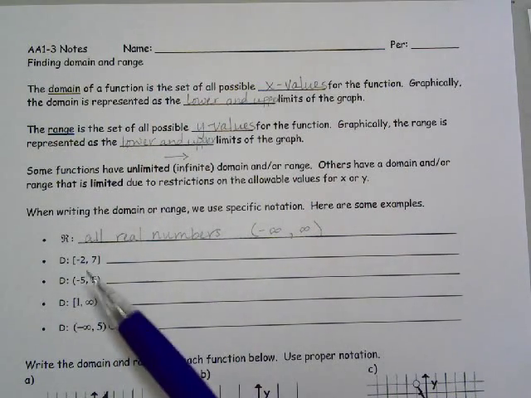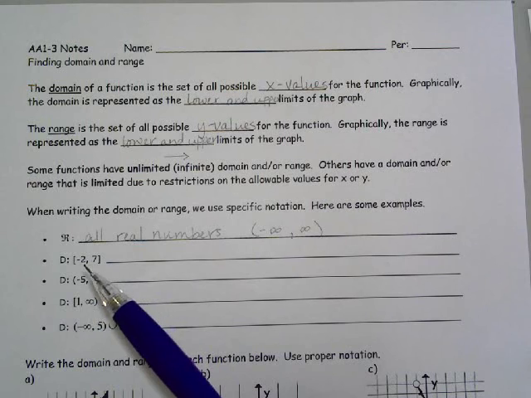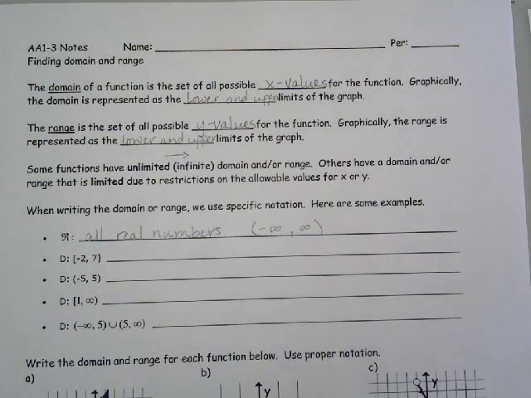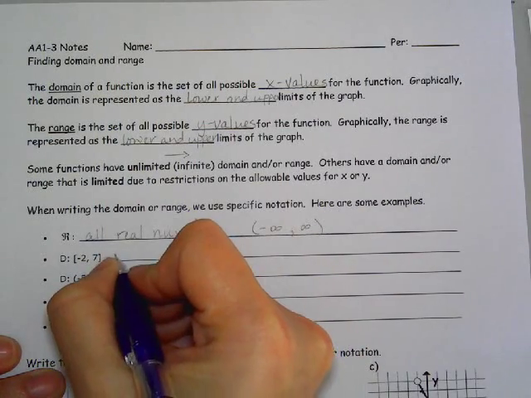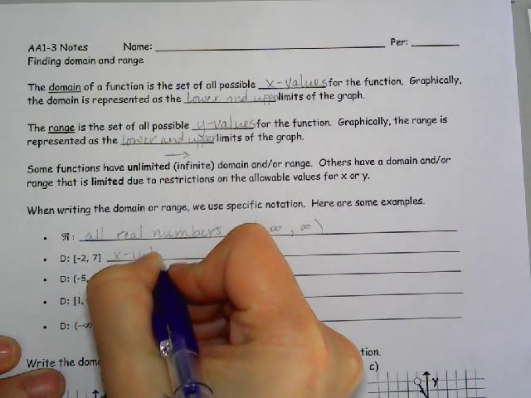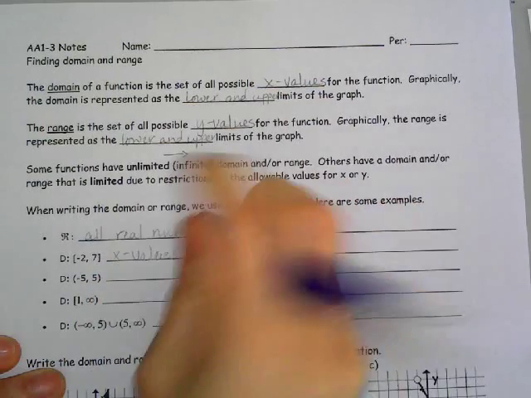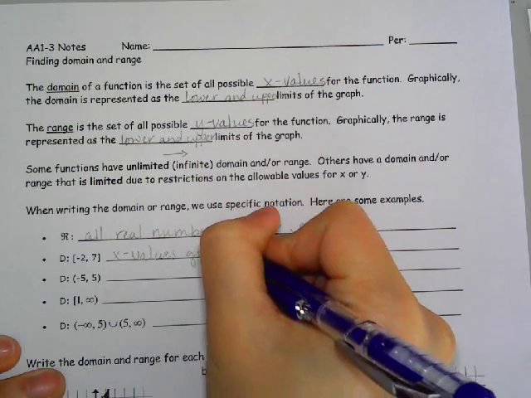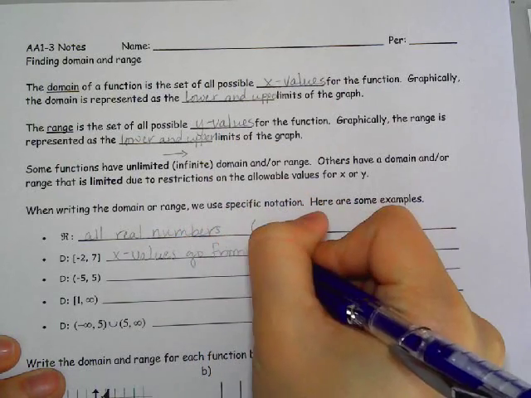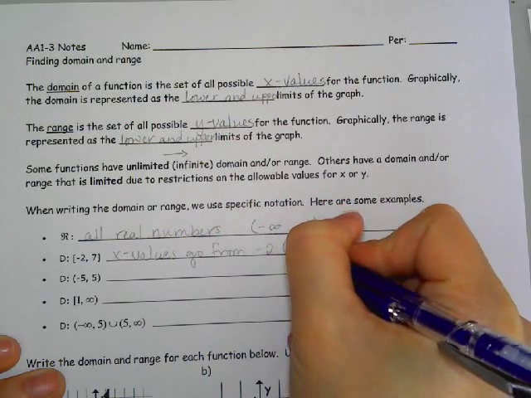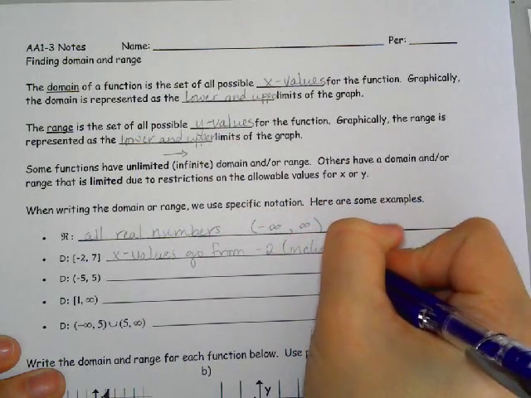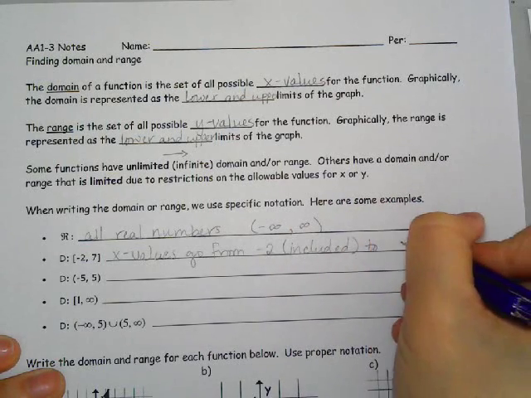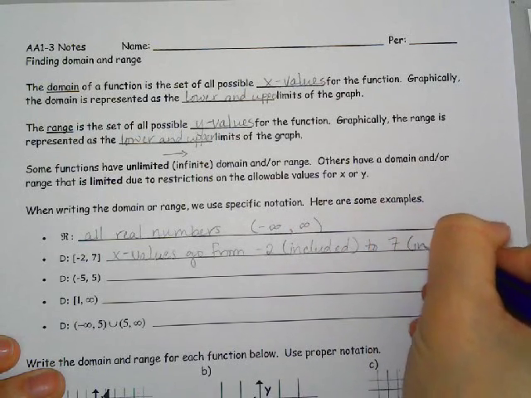The brackets indicate, for example, on this one, that your x values go from -2 to 7, including -2 and 7. So -2 included to +7 also included.